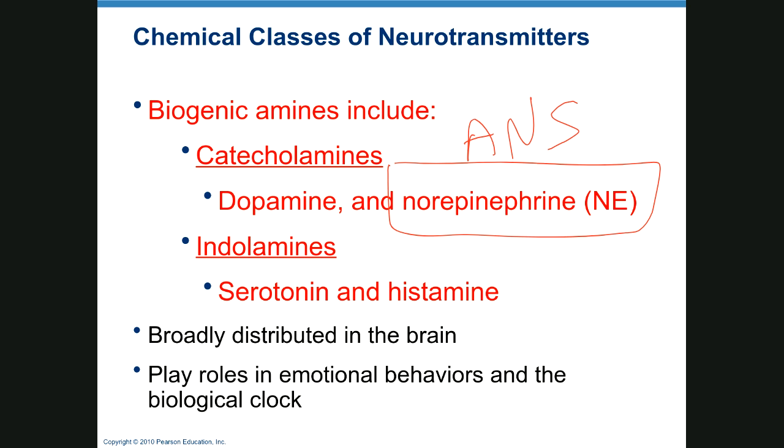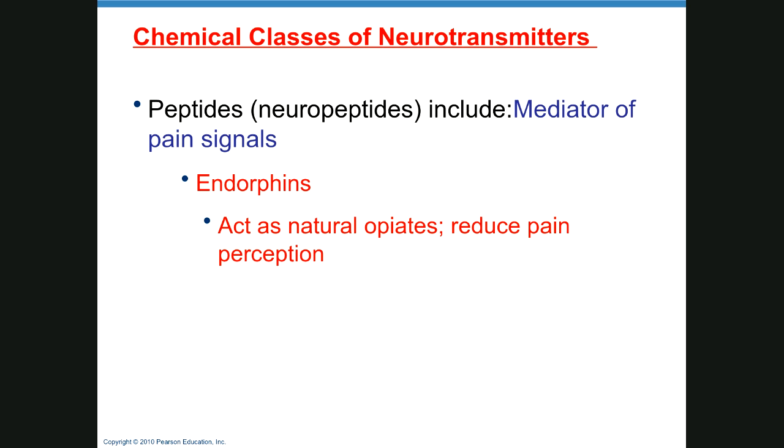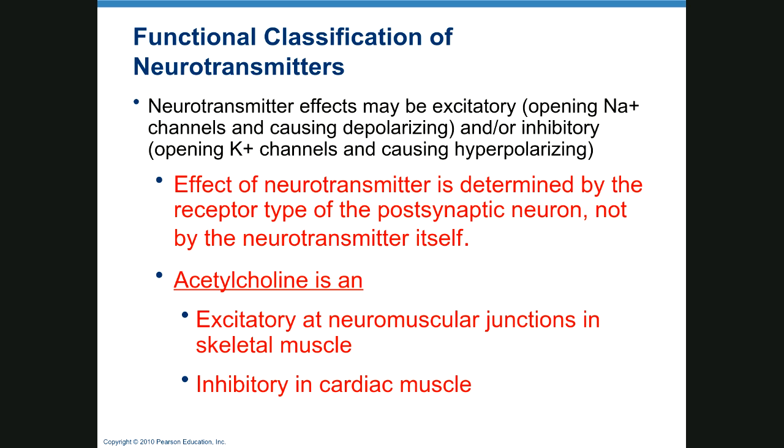Indolamines, serotonin, and histamine, these are neurotransmitters that are extensively used by neurons of the GI tract, which is called the enteric nervous system. Endorphins, another type of neurotransmitters. So know the neurotransmitters mentioned.